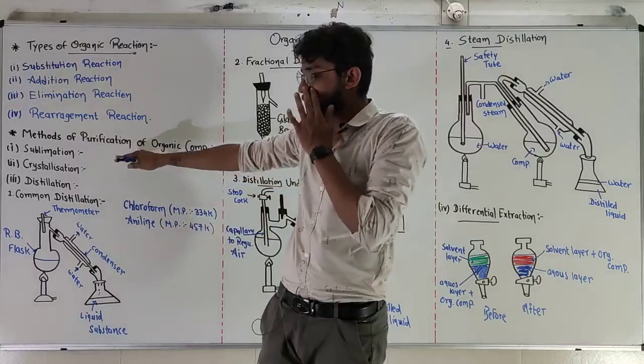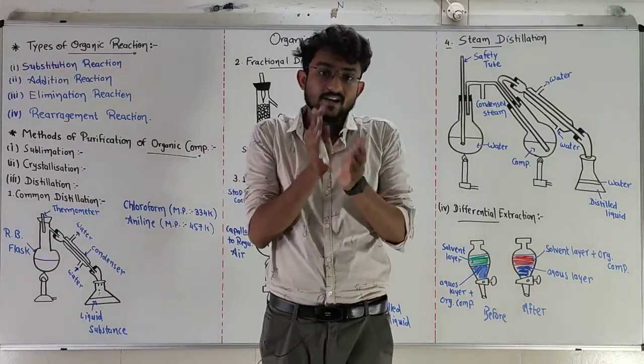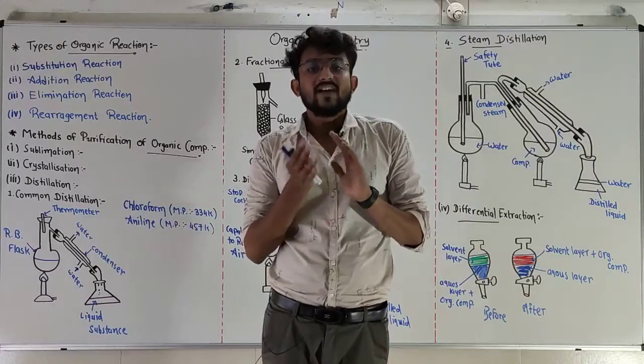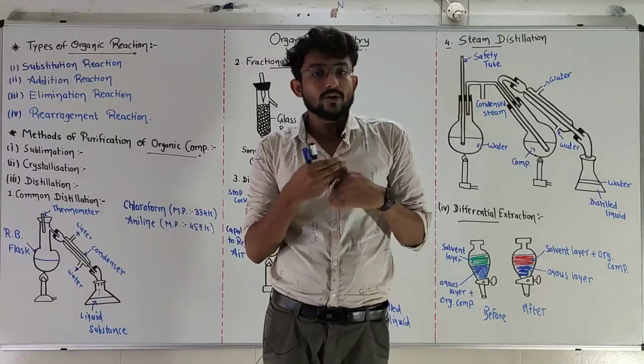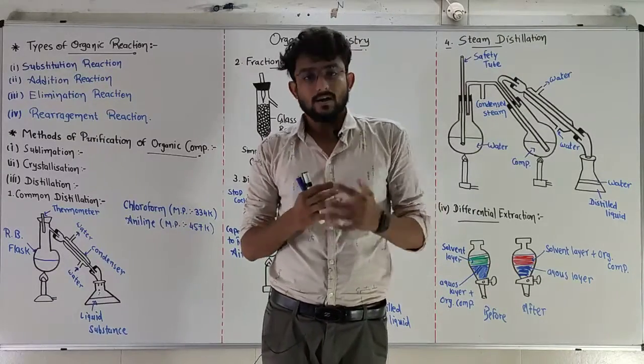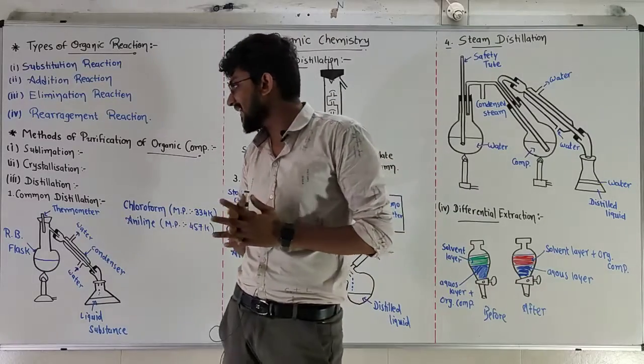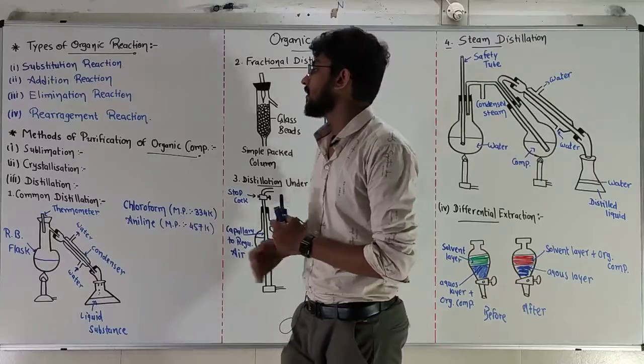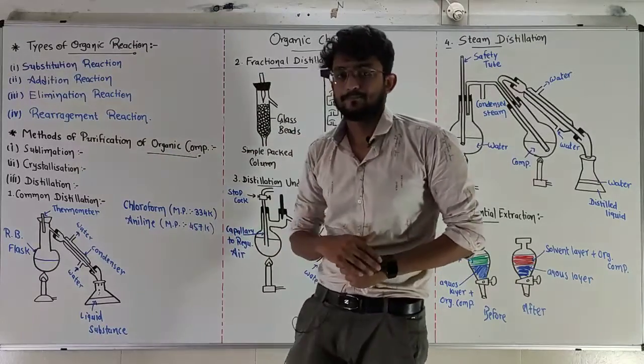That's why crystallization occurs on the basis of solubility difference. When this difference is low, we have to do crystallization again and again. So that was crystallization. After that, our next purification method is distillation.